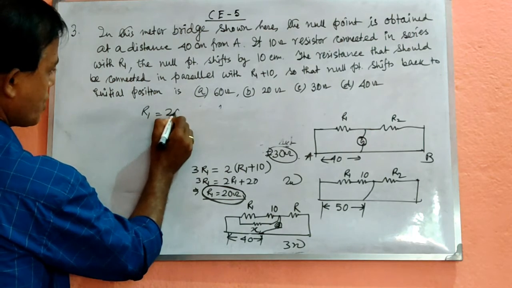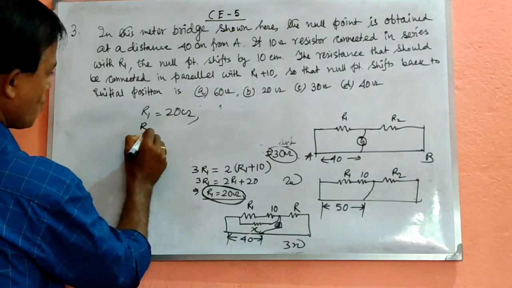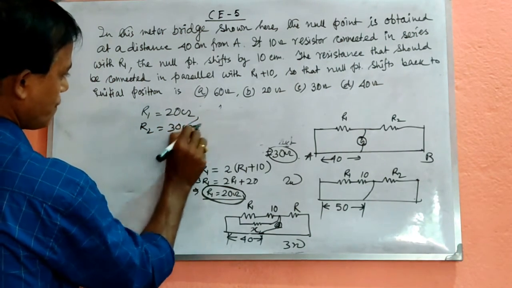Hence we get R1 is equal to 20 ohms, R2 is equal to 30 ohms.